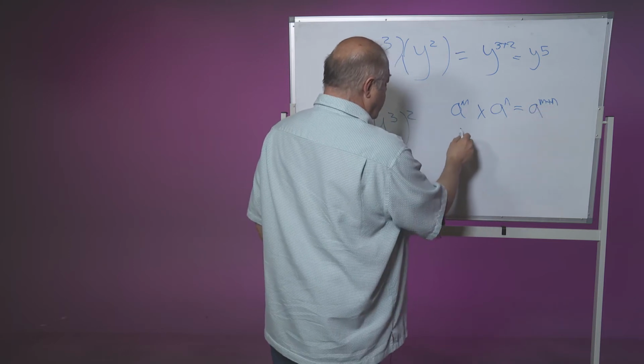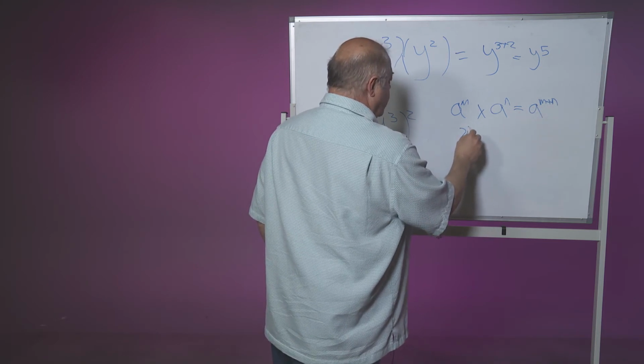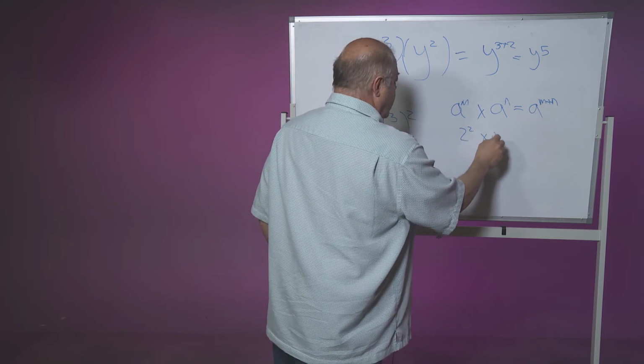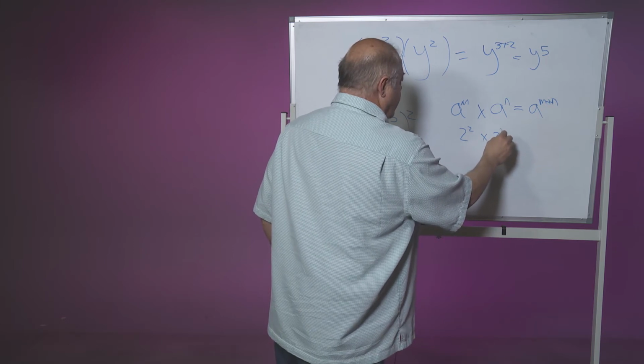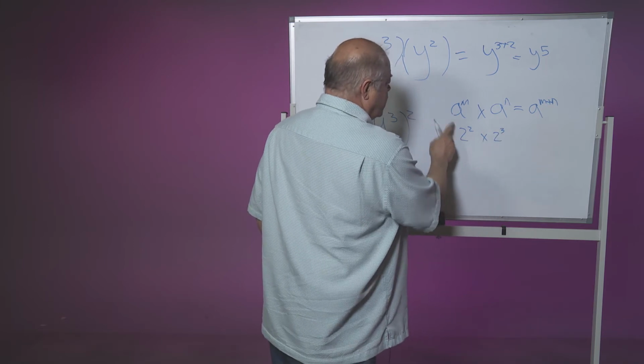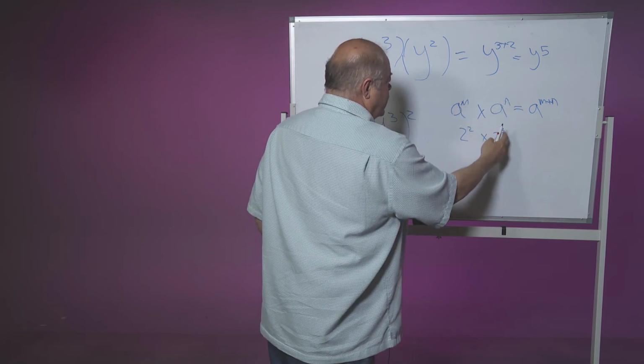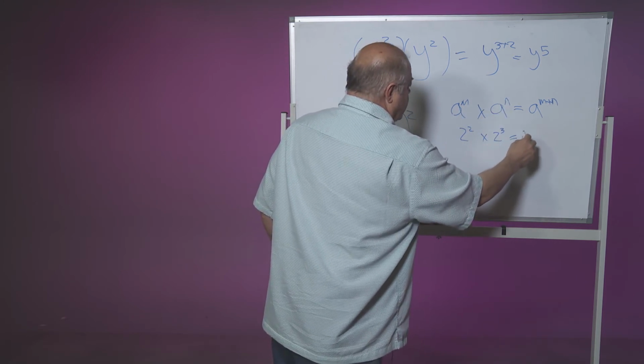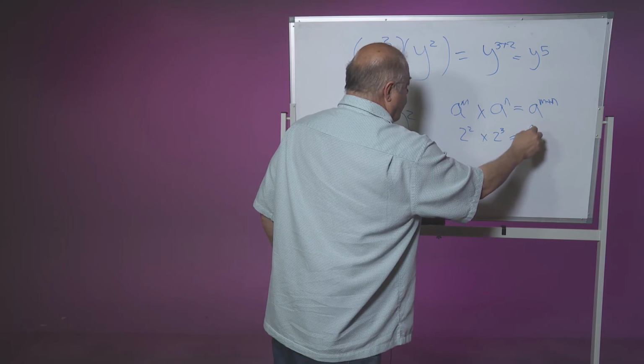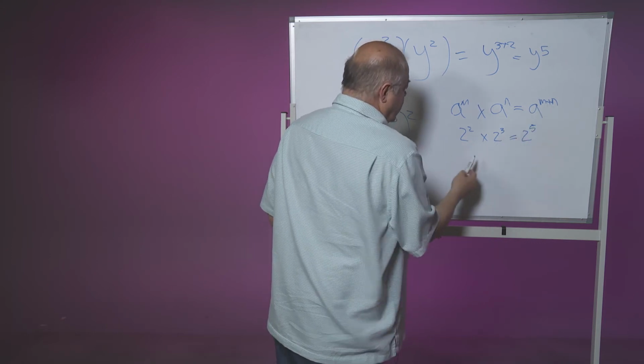And again, this could be 2 times 2. So let's say A is 2, M is 2, and N is 3. You get 2 to the 5th. The rule is you just add them together.